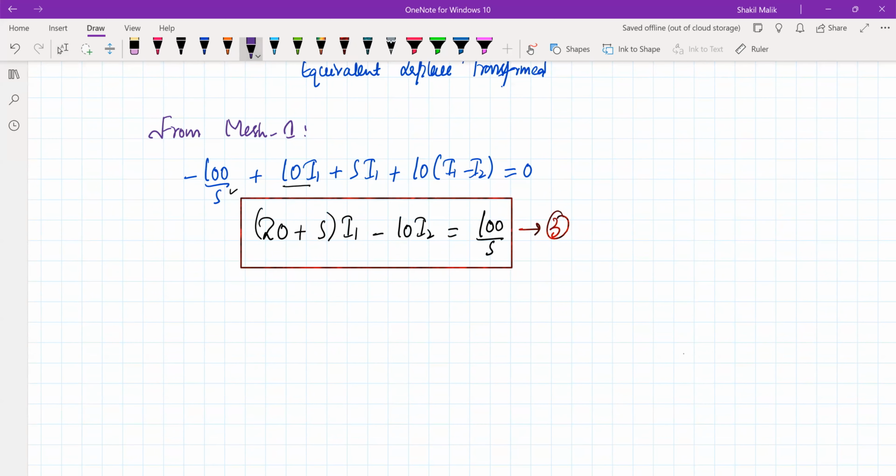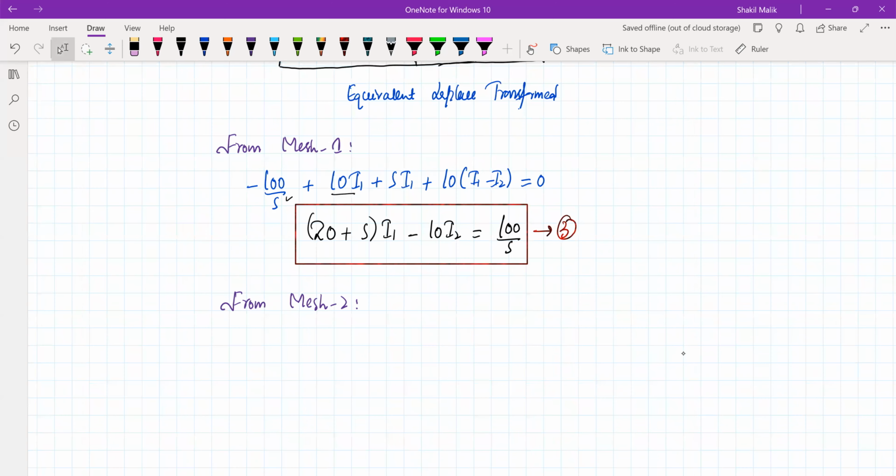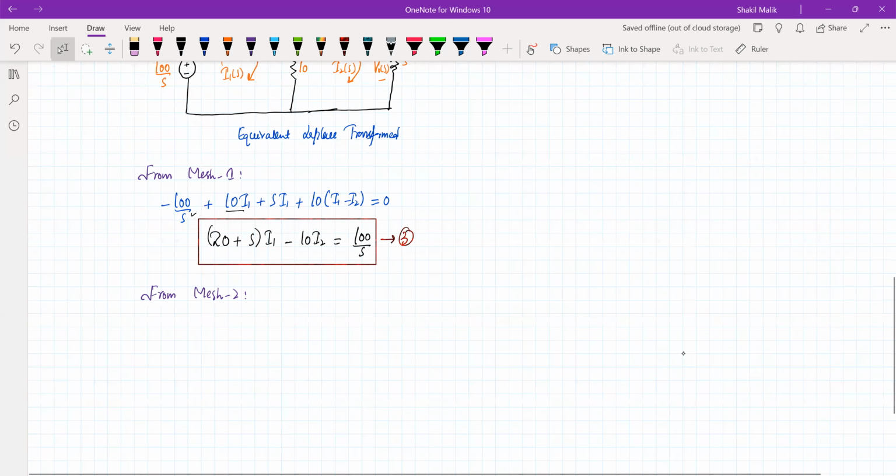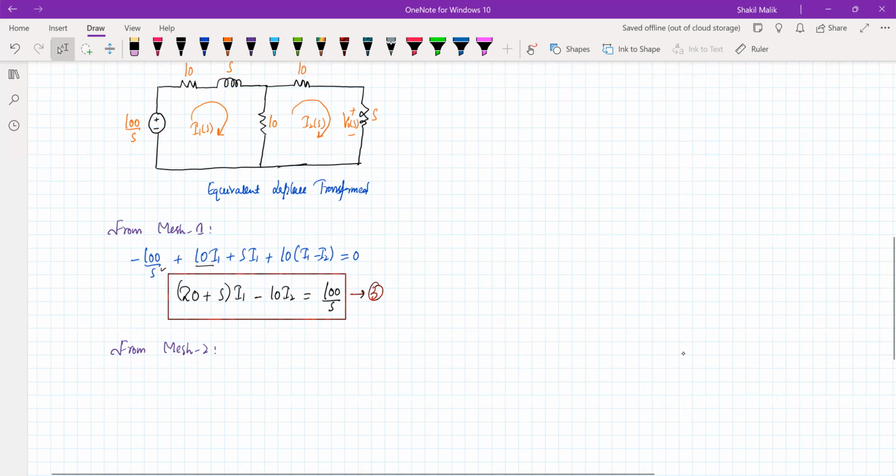Similarly, if we write the KVL for mesh 2, we have 10 (I2 minus I1) plus 10 I2 plus s I2, and this is equal to 0.